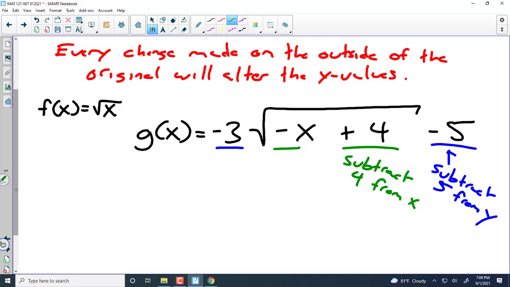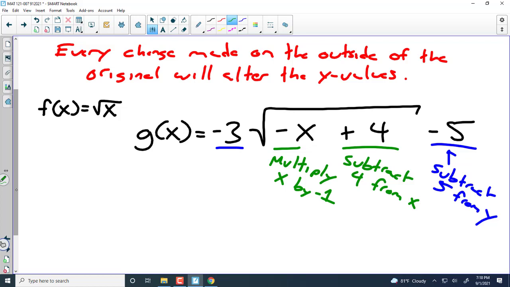Now, this one's a little bit tricky because it does impact the x's, but the negative on the inside does flip us over the y-axis, but that still changes the x values. So, this is a reflection, and we'll multiply x by -1.